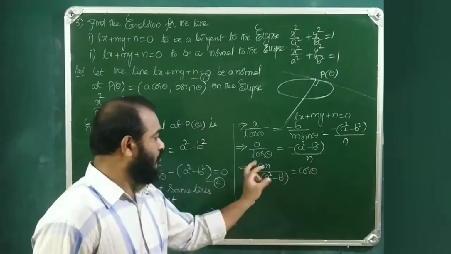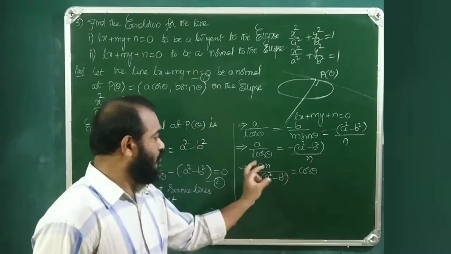So normal, how do we draw a normal? Before drawing a normal, it is compulsory to first draw a tangent. So at this L, this is our tangent, for example. The line which is perpendicular to this tangent is the normal. This is our normal.